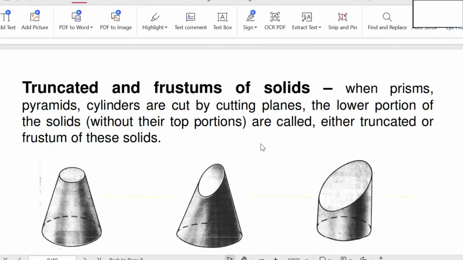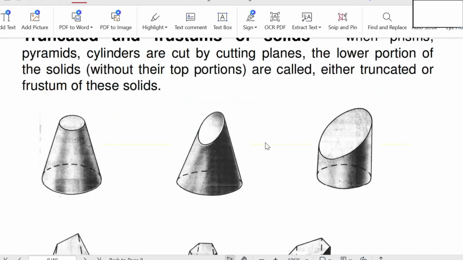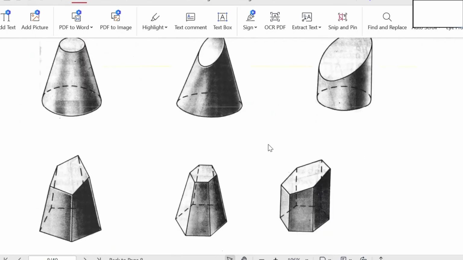So what is truncated? Truncated is also formed by sectioning or cutting, but here the cutting is not parallel to the base. The sectioning is inclined to the base. Then we remove one portion, and the remaining portion is known as truncated.